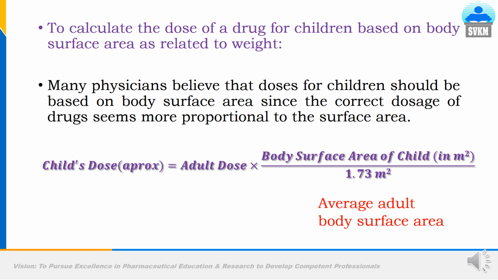So when we calculate the pediatric dose based on body surface area, the formula is: child dose is equal to adult dose multiplied by body surface area of the child in square meters divided by 1.73 square meters. That 1.73 square meters means what? It is the average adult body surface area.